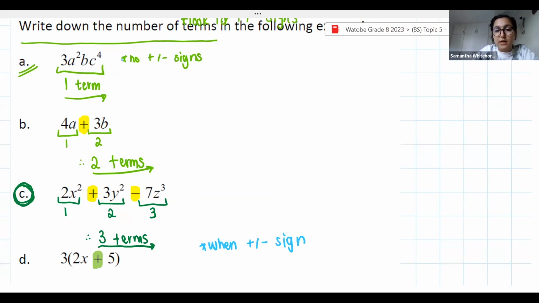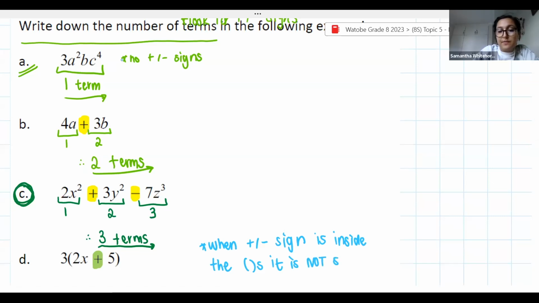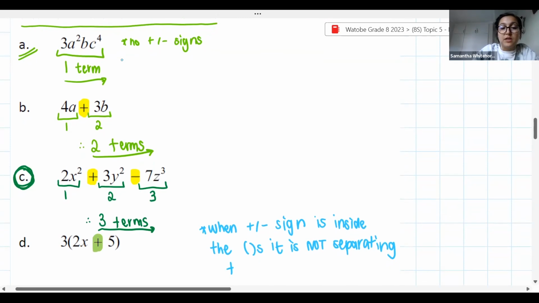When a plus or minus sign is inside the brackets, it is not separating terms of the expression. It's separating terms inside the bracket, but it's not separating terms of the entire expression.